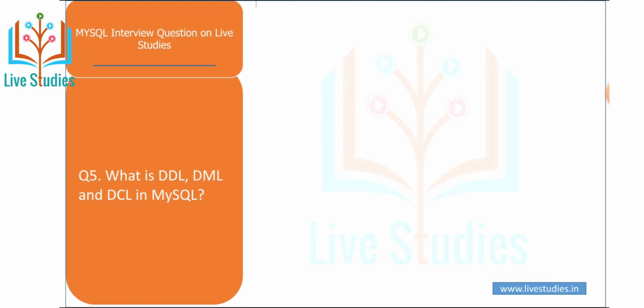Another question is, what are DDL, DML and DCL? You know, because most of the time we read this in RDBMS: data definition language, data manipulation language and data control language, right?